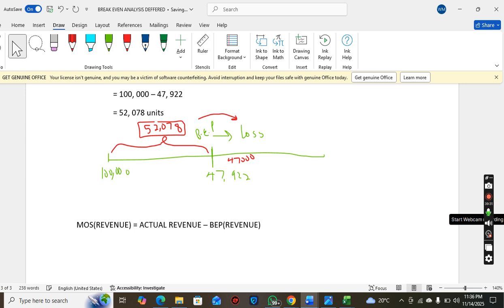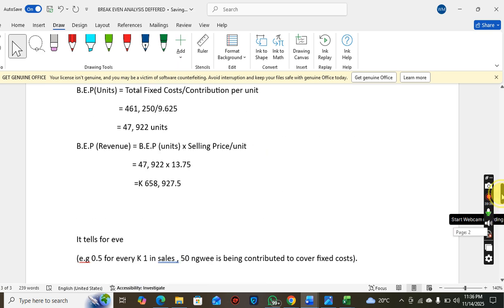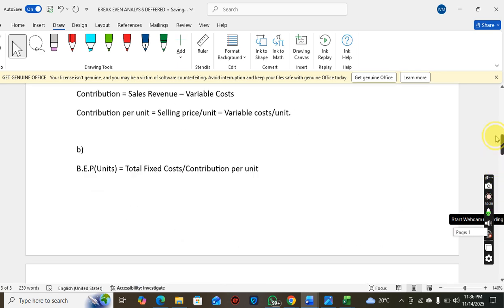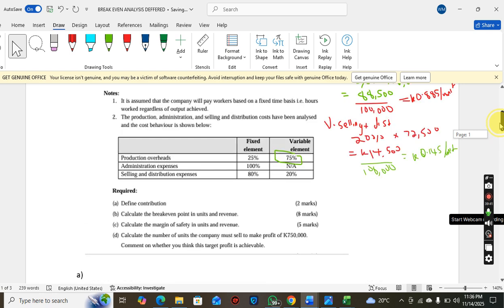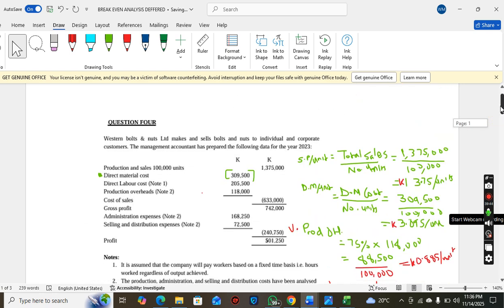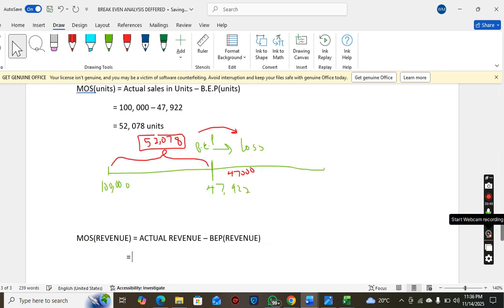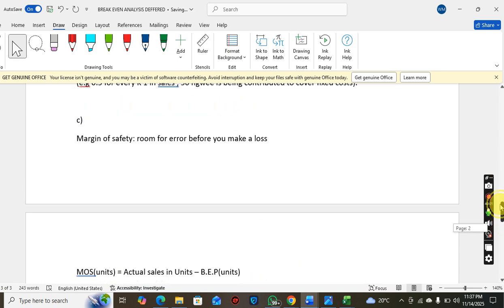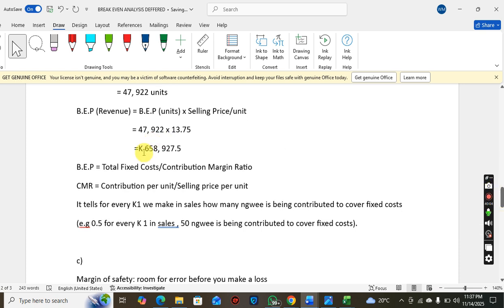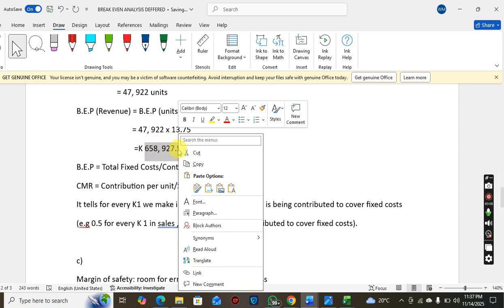The actual revenue that we made was $1,375,000 minus the break-even point in revenue, which was 658,927.5.